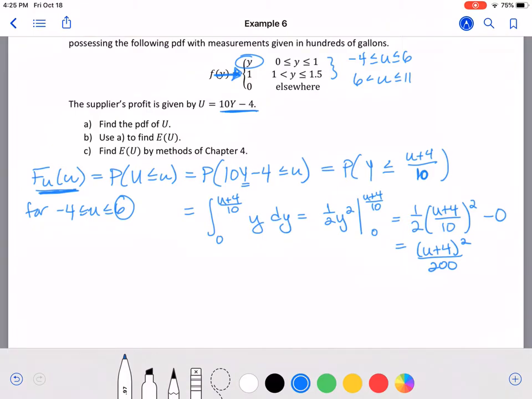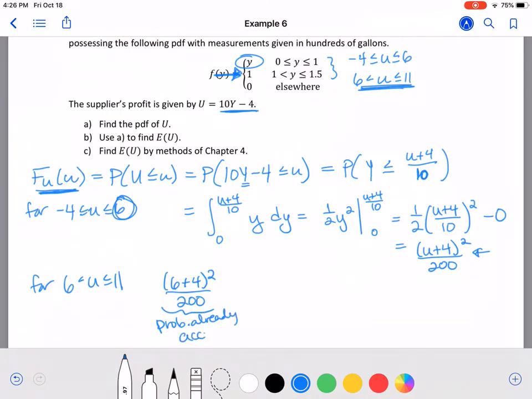So when we're looking in this range here from 6 to 11, which is the second chunk, we have already accumulated the probability we've got up to 6 plus 4 squared over 200. Once we've hit this 6, if we plug in 6 here, that's how much probability we already have. So that's the probability already accumulated.